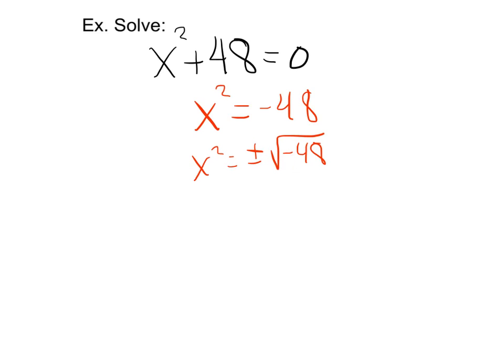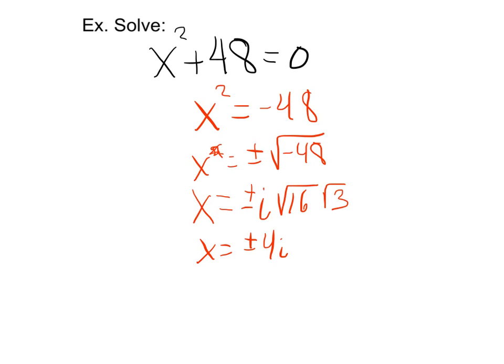Since I have the square root of a negative, I'm going to take out an i, and then the square root of 48 can break down to the square root of 16 times the square root of 3. So x equals plus or minus 4i square root of 3, and those are my solutions.